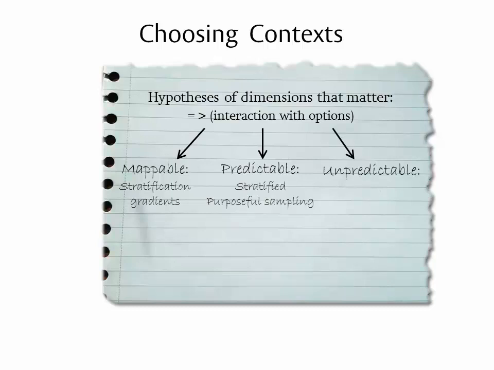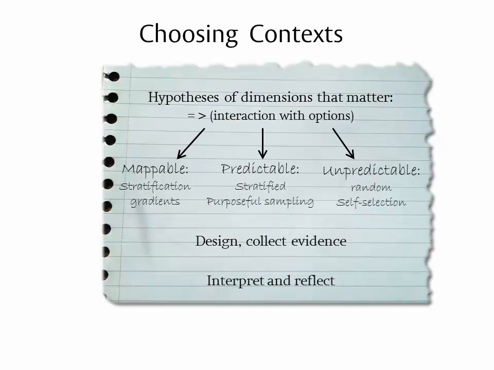We don't know what that's going to be before we do the study. For these, we need to use random sampling, or in some cases, self-selection process. Once we have chosen those contexts to work in, we will design the study, collect the data, interpret it, and reflect, and perhaps go back and refine the hypothesis and repeat the cycle.